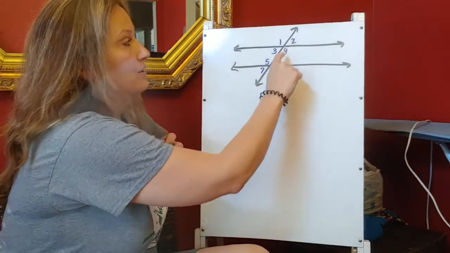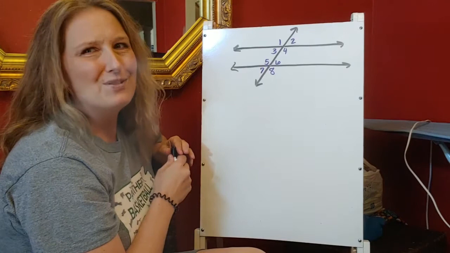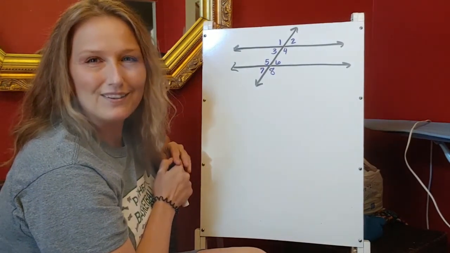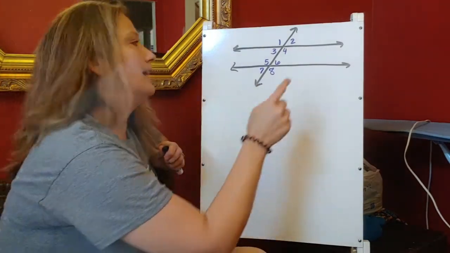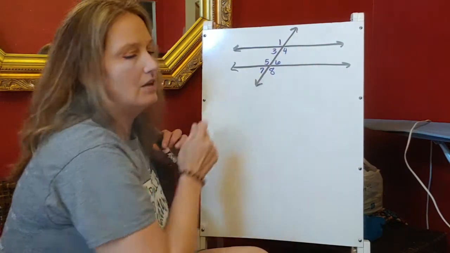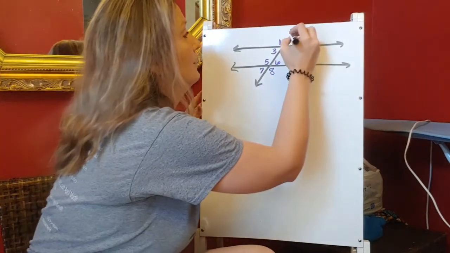So if I took angle 2 and angle 6 and I were to have an expression that represented them, I could set them equal to one another and figure out what that angle measure is. So we're going to do that now. Angle 2 up here is no longer angle 2, it's 23x minus 5.